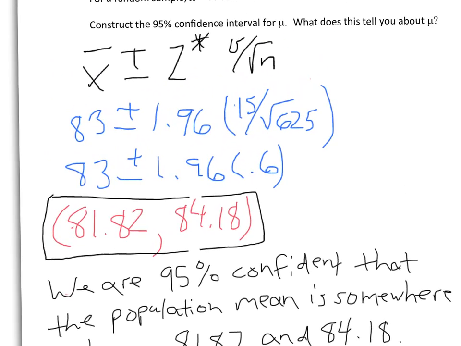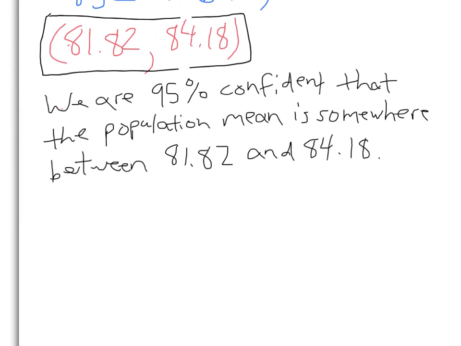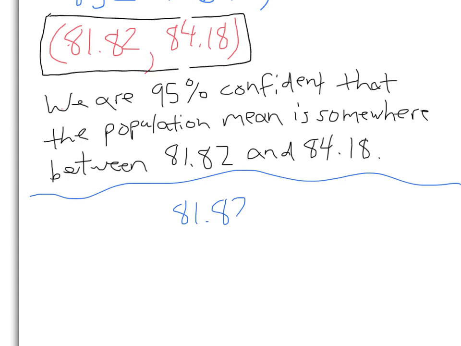Okay. So that next question actually asked, what does this tell you about mu? This is what it tells you: the true value is no less than 81 and no more than 84. So consider that. I'm going to make my little bar here. 81.82 is here. 84.18 is here. And there are some values in between, right?